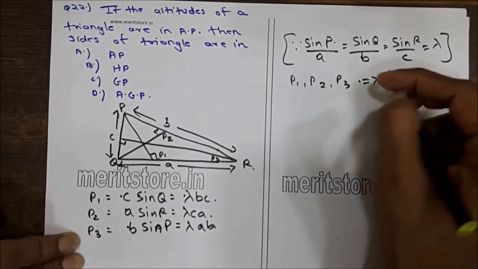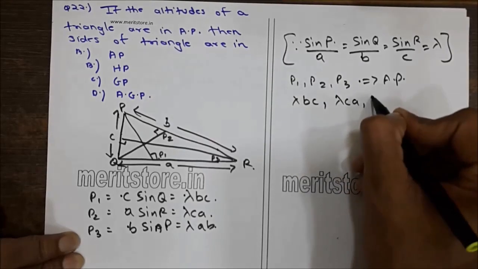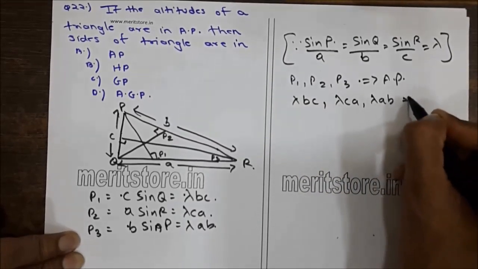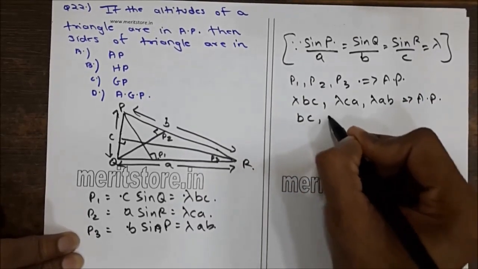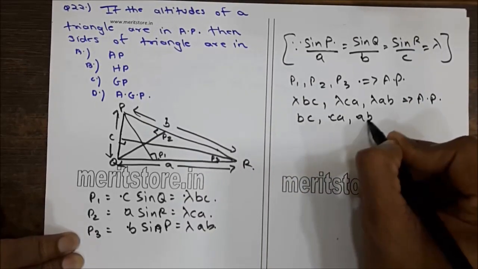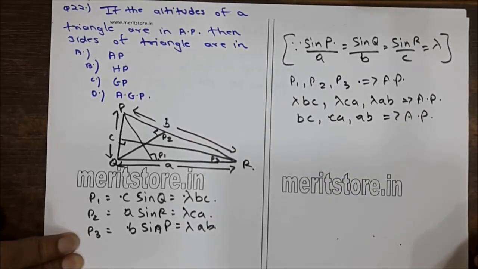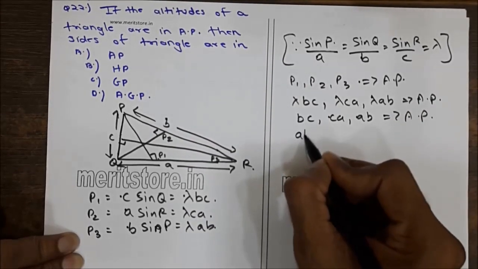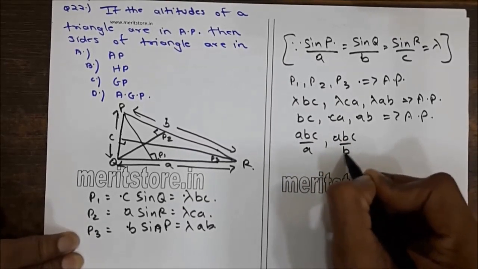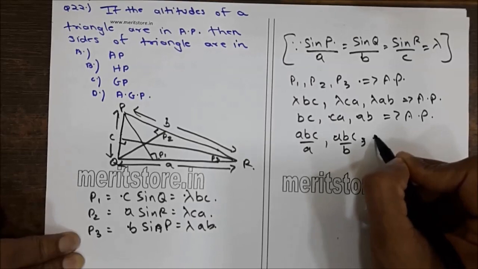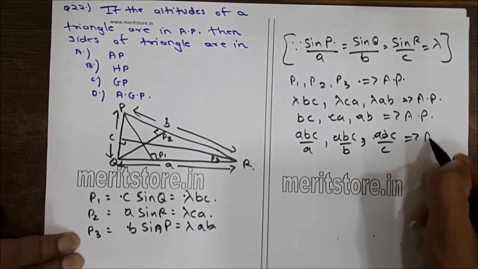We also can say that lambda BC, lambda CA, lambda AB are in AP. So we can write this as BC, CA, AB are in AP. So we can write this as ABC upon A, ABC upon B, ABC upon C, which are also in AP.